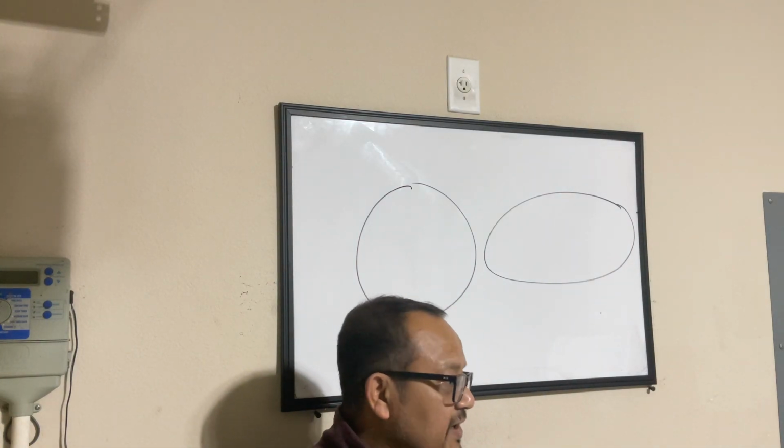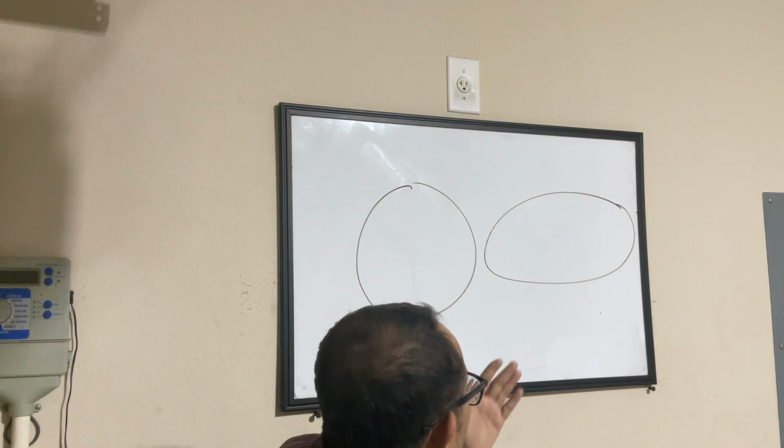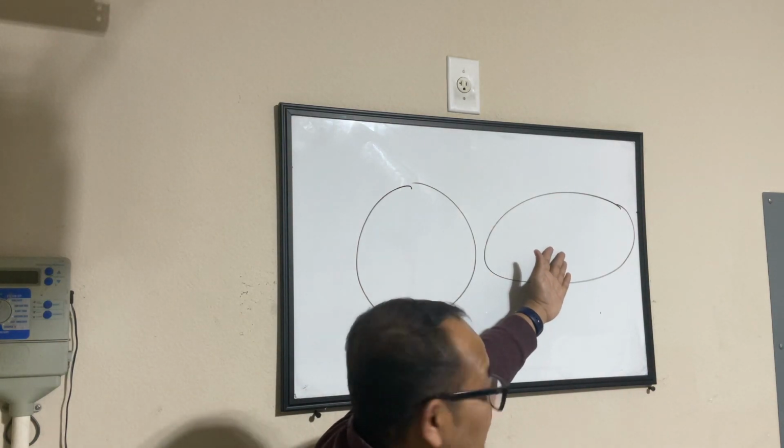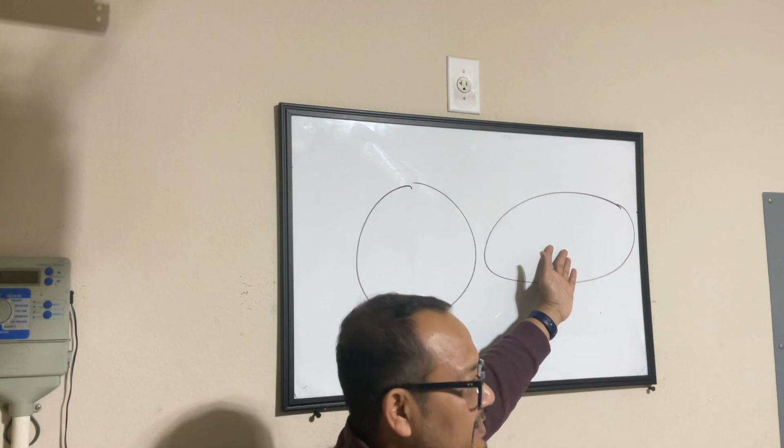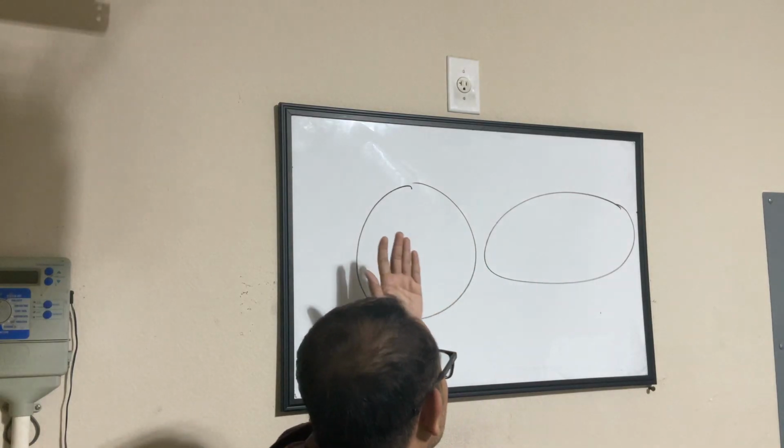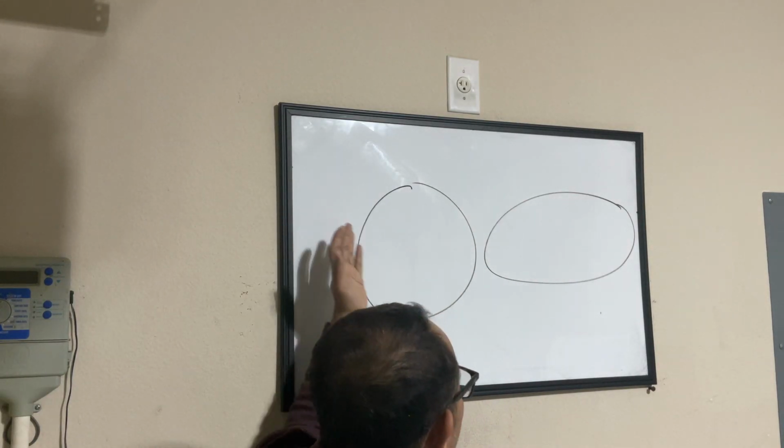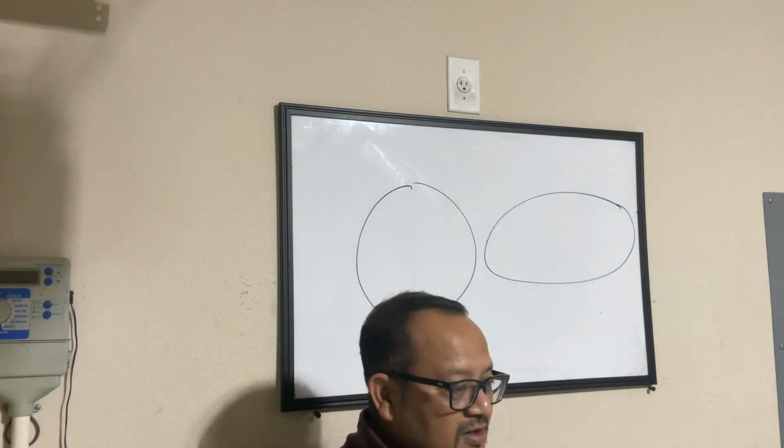So we can certainly debate whether the ellipse is the one which can give birth to a shape like this, or a circle can be squeezed to give you an ellipse. That we can always debate.